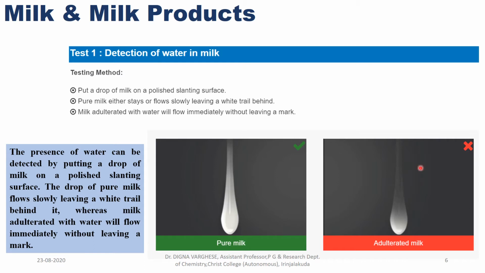So this figure represents the adulterated milk, and the first one represents the pure milk. This is an easy method we can use at home also. By adding water, the quality of the milk is lost and we do not get proper benefit from the adulterated milk as from pure milk.